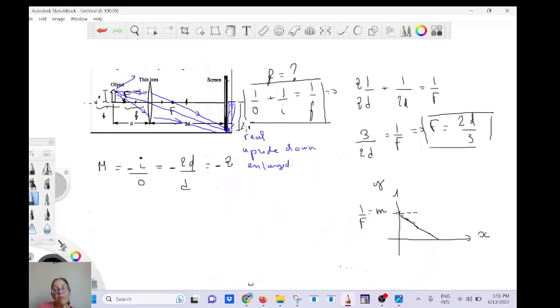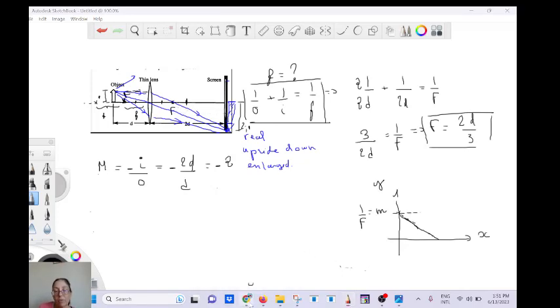If you move the object to the left, you move it toward infinity. Remember that if the object is really far away, you're going to see the image here at the focal point. So that means that you have to bring the screen closer to the lens.